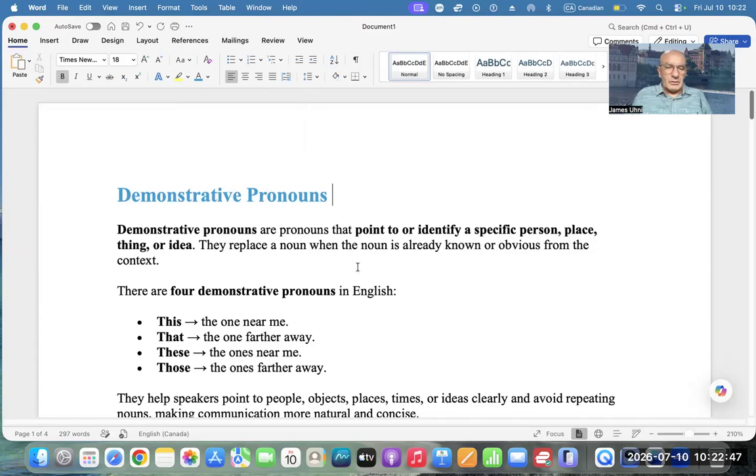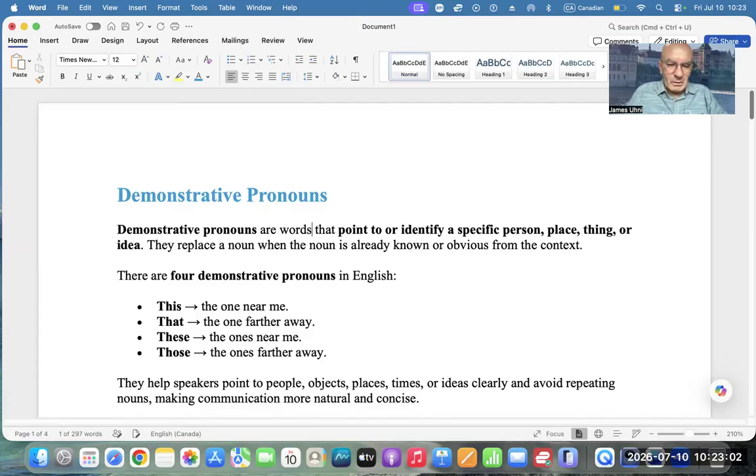So I will say it a little bit simply. Demonstrative pronouns are pronouns, or I will say words, that point to or identify a specific person, place, thing, or idea.